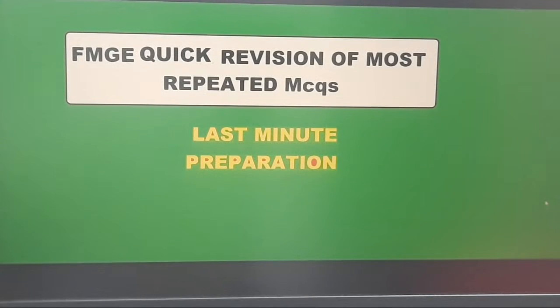What kind of study was done? Case control study. One ASHA worker in rural area is designated for how much population? It's 1,000.